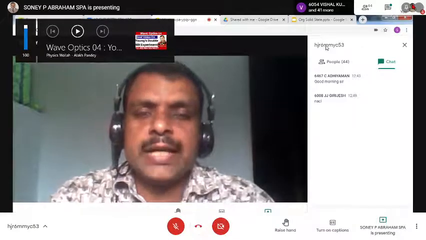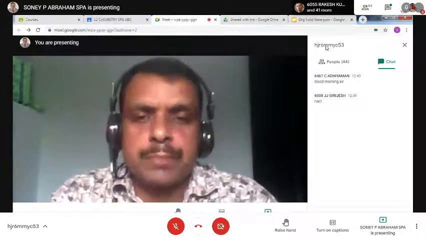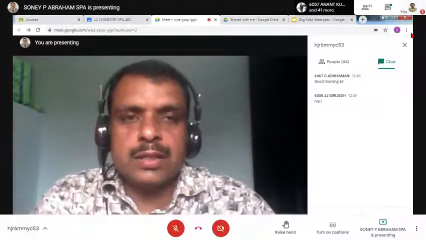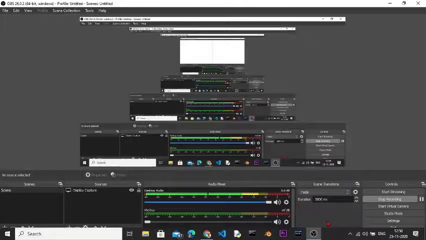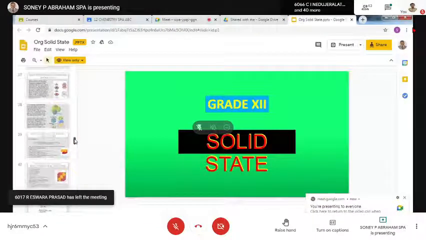So the three-dimensional representation of the arrangement of constituent particles of a solid in space is what we call the crystal lattice.